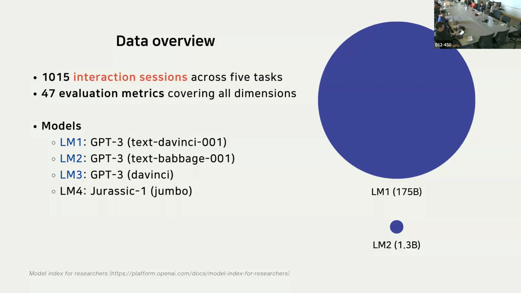Assuming a scenario where you can only access these models through an API, and you're trying to find a model to build your bespoke system for specific users and tasks, these considerations become more important. But yes, it is true that there is some misalignment between how these models were built and evaluated and how we're evaluating in the interactive setting.